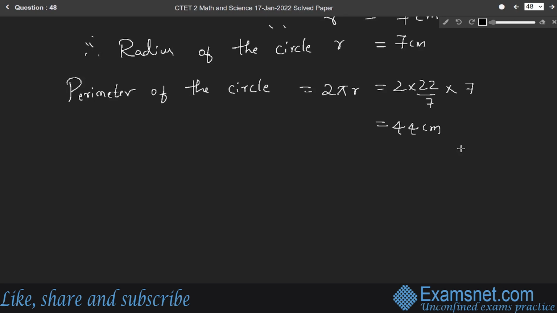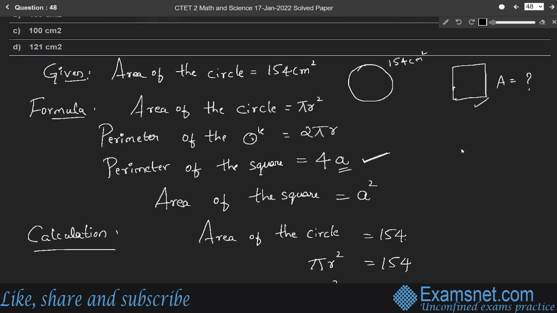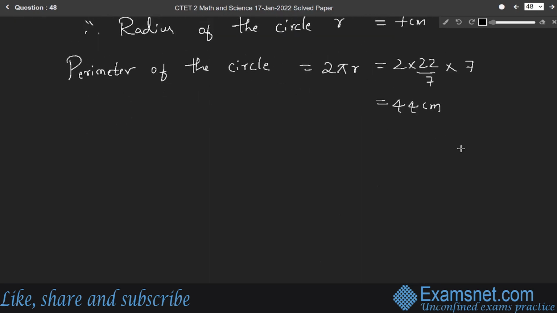But this perimeter is equal to perimeter of the square because the same wire is bent in the form of a square, right? Therefore, which is equal to perimeter of the square.